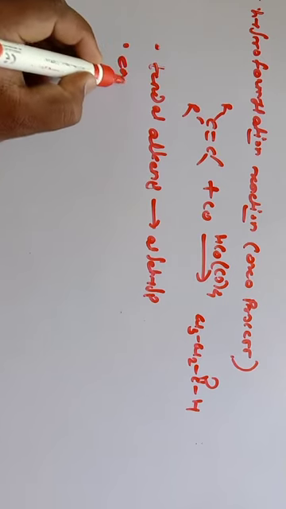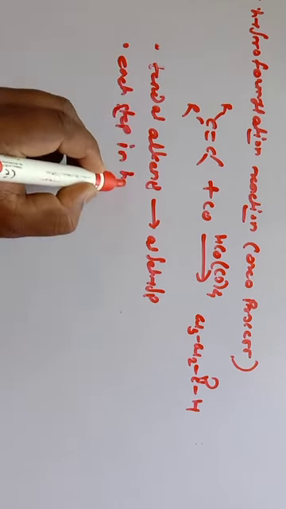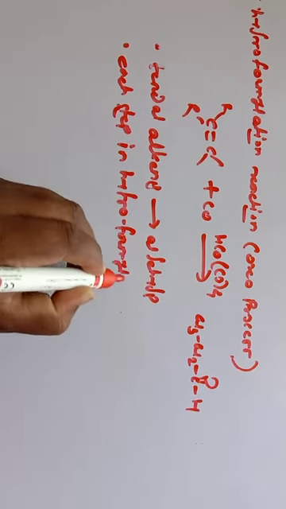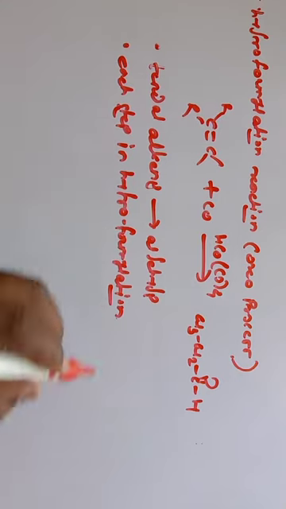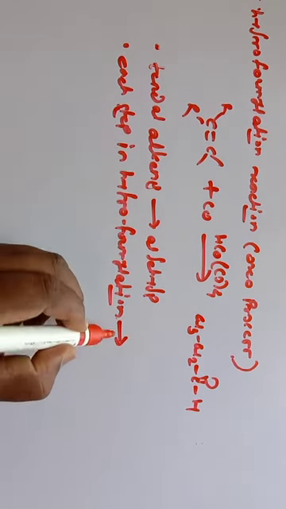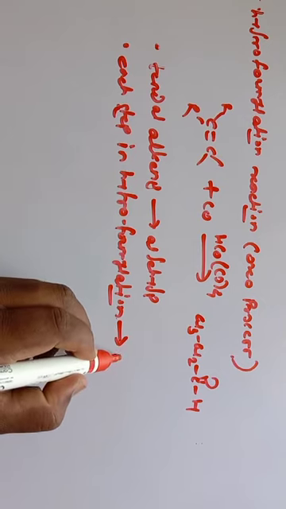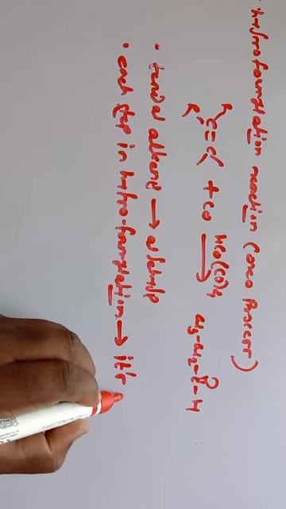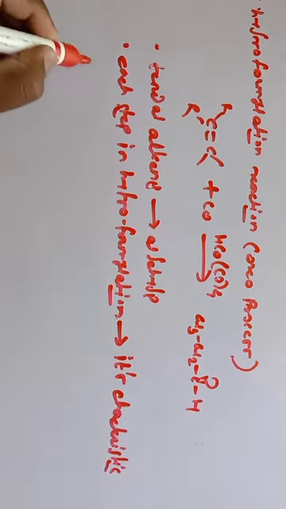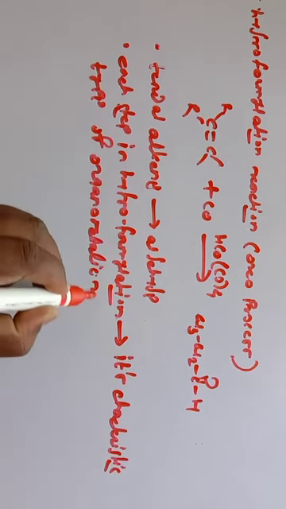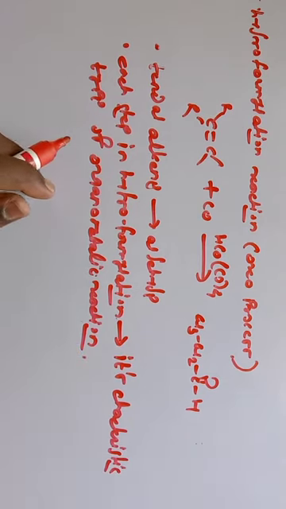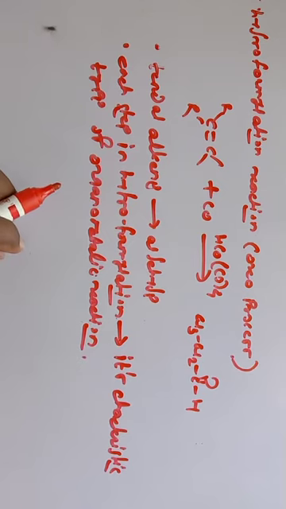Second, each step in the hydroformylation cycle may be categorized according to its characteristic type of organometallic reaction, such as oxidative addition, reductive elimination, insertion, beta hydride elimination, like that.